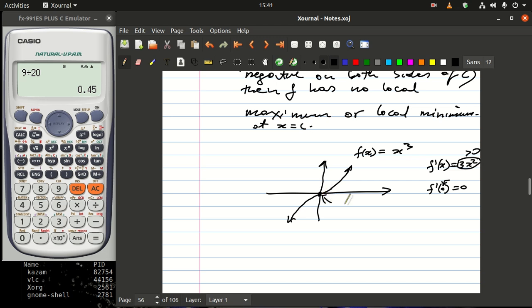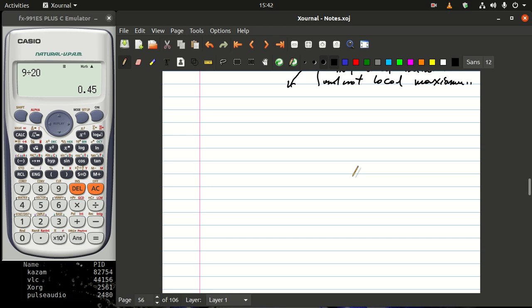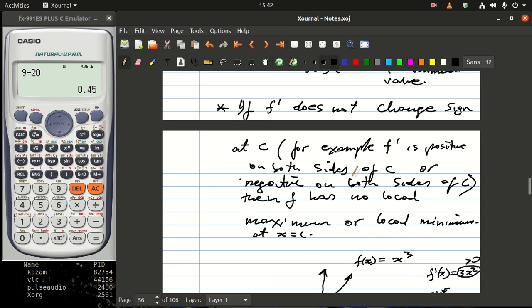That is why this point is not a local minimum and not a local maximum, because the sign of the derivative is not changing. This one is always growing throughout. That is what is important here, and there's nothing happening here.